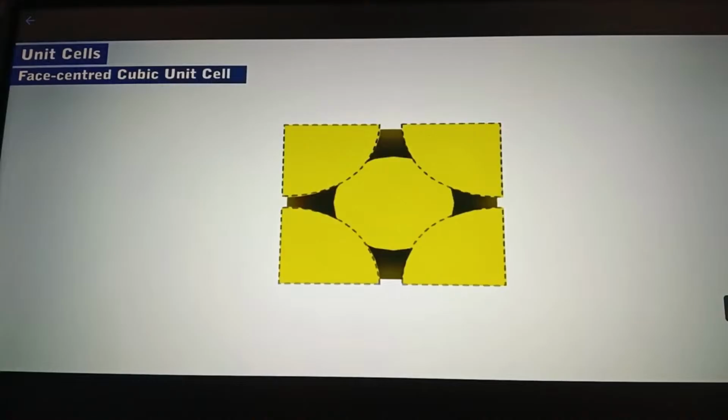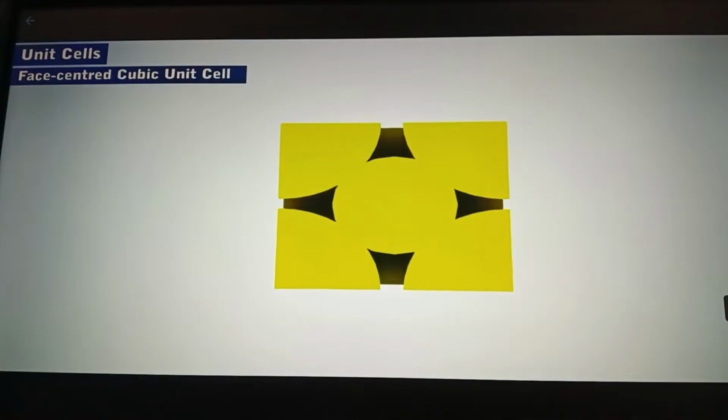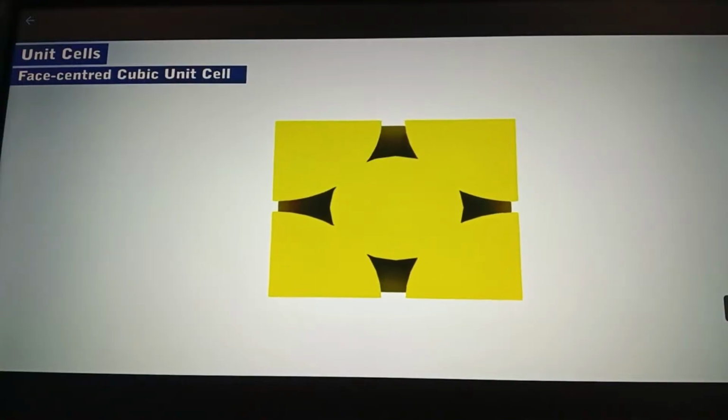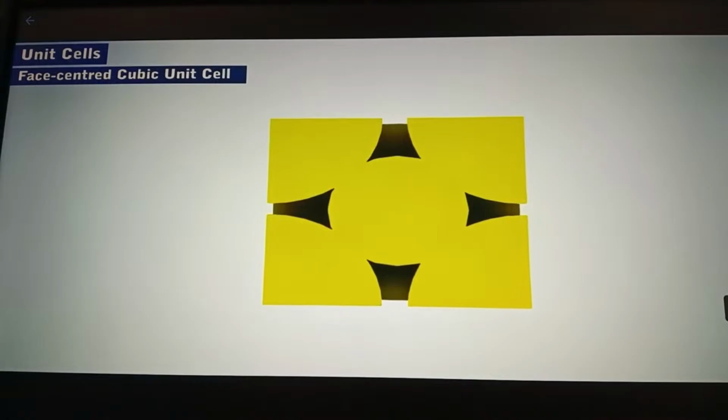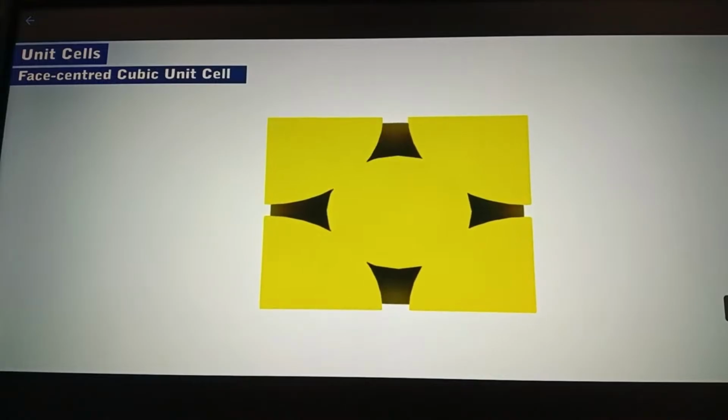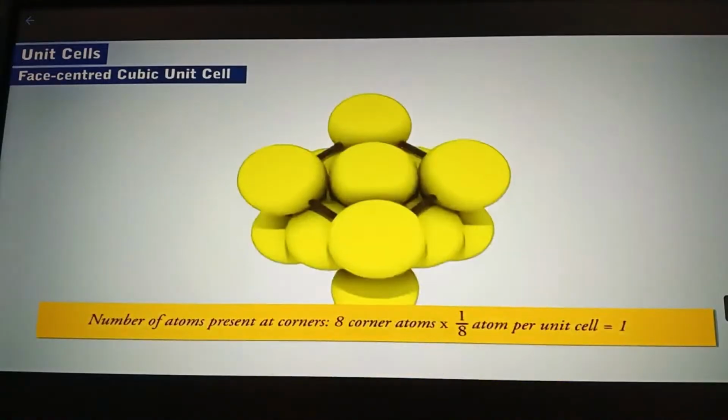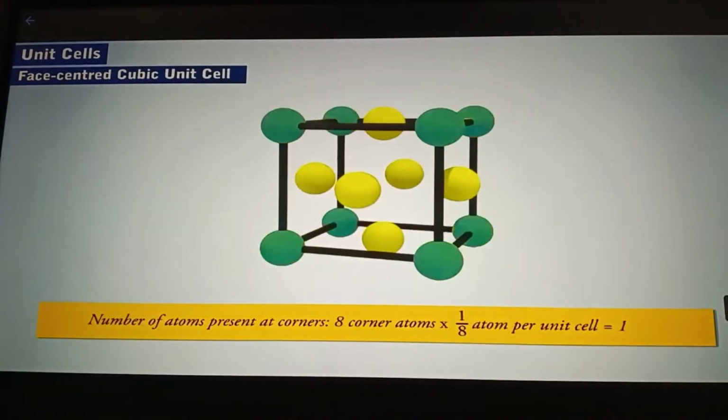It is clear that the atoms at the corners contribute 1/8 of their original volume each. The number of atoms at the corners per unit cell is equal to 8 corner atoms times 1/8 of an atom per unit cell, which is equal to 1.